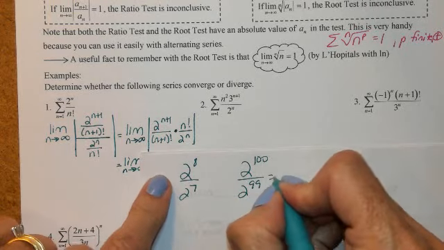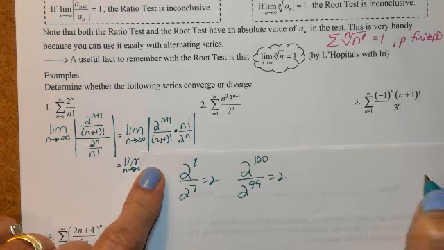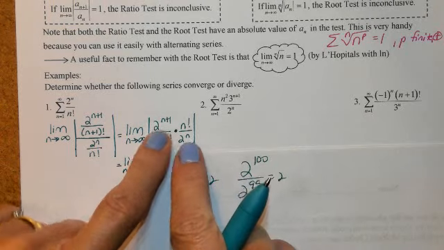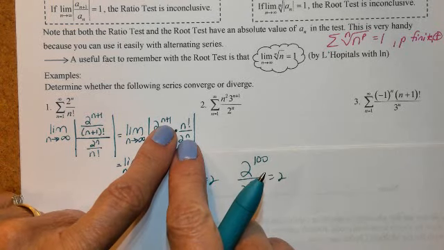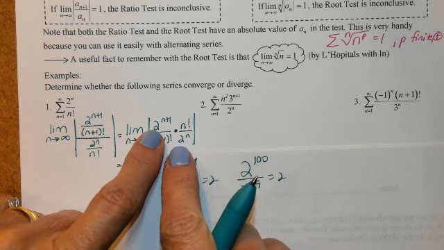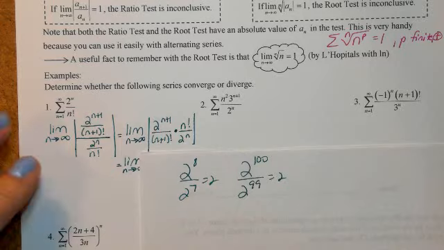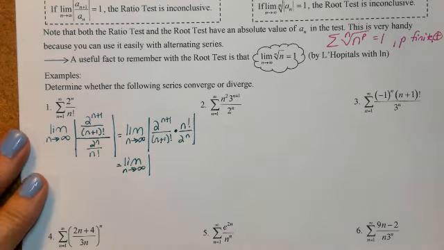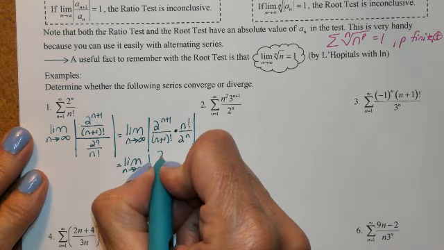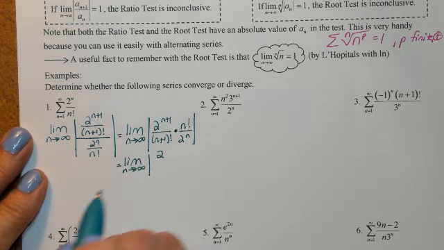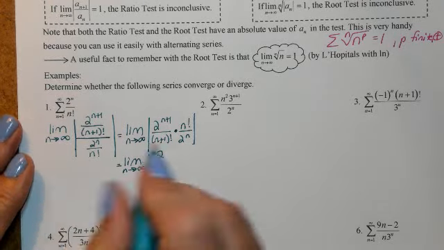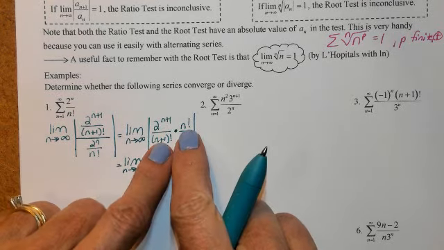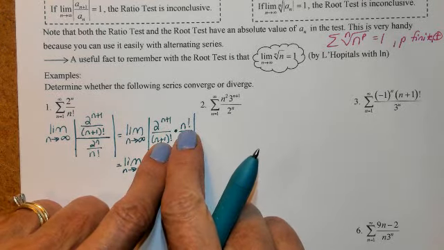They reduce to 2, right? To the first. Another way you can think of that is, you're dividing the same bases, so you subtract the exponents. You get 2 to the first. So we're going to have 2, and it's going to be up on top because that's where our larger power was.